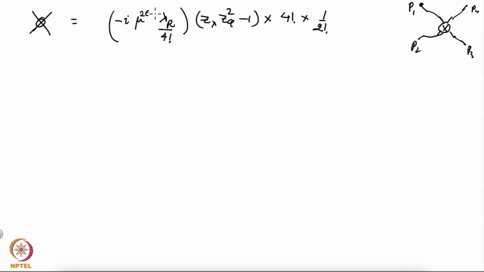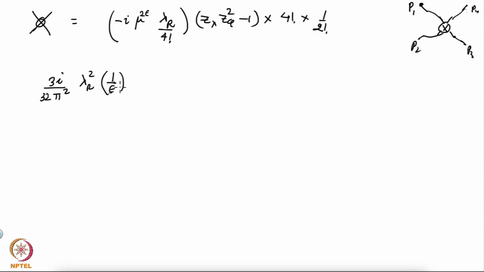Or you can think of expanding it in powers of epsilon, and you pick up the first term, which is 1, okay? And you are not interested in the epsilon log mu square term. So then you get 3i, this is what you have on the previous page, 3i over 32 pi square lambda r square 1 over epsilon.